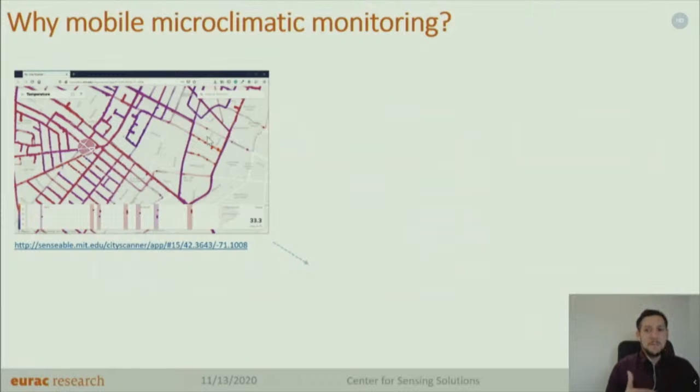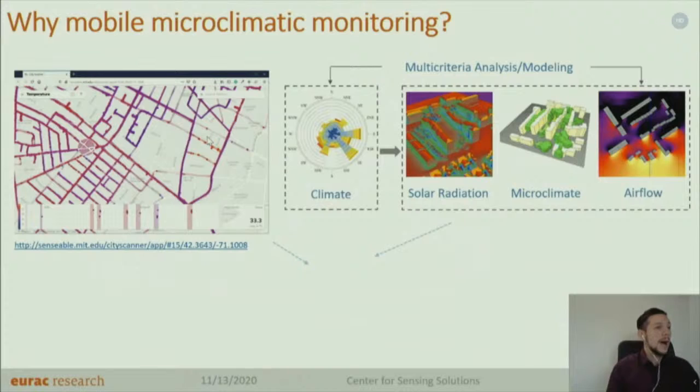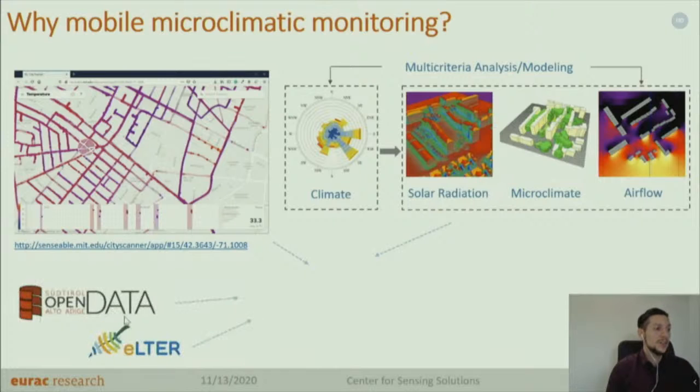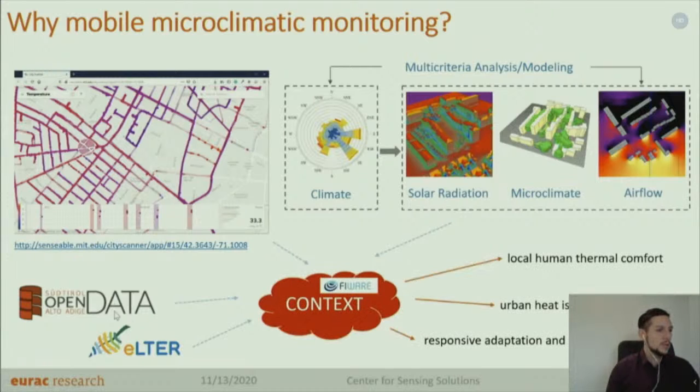But it could be even more interesting and have a big outreach when it comes to coupling this mobile microclimatic monitoring with modeling and simulation that nowadays, due to high performance computing, can be carried out at district scale. If we encompass within this simulation both the data from moving rovers and some further external data, we can build up what we call the context, which will be much clearer in the presentation that I will give in half an hour.